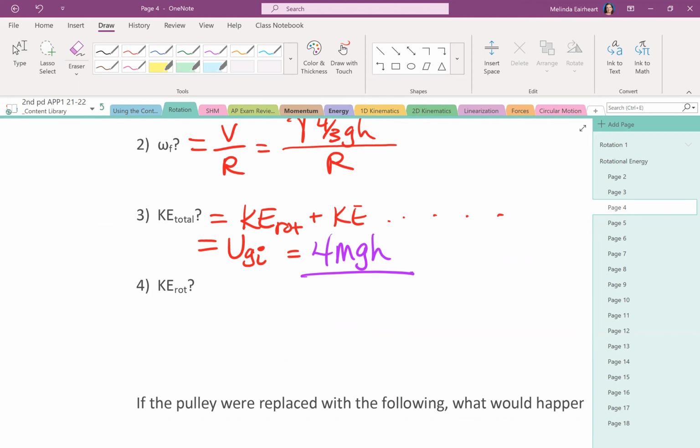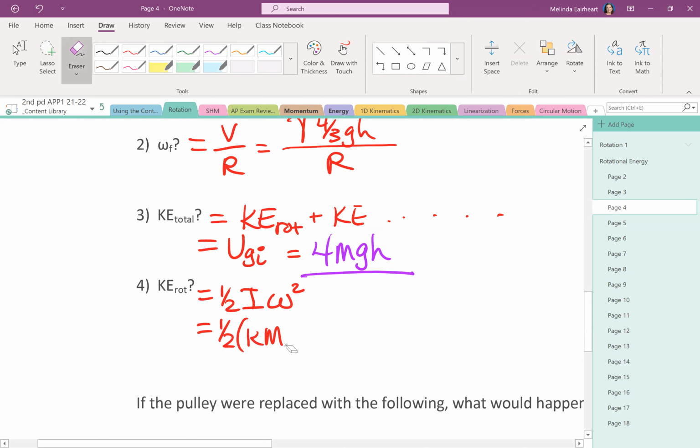So rotational, here we need 1/2 I omega squared is where we would start. I omega squared, but even though they gave us the 1/2 MR squared, let's spend some time with that. So again, that same substitution should go quicker now. Oh, it was 2M, right?